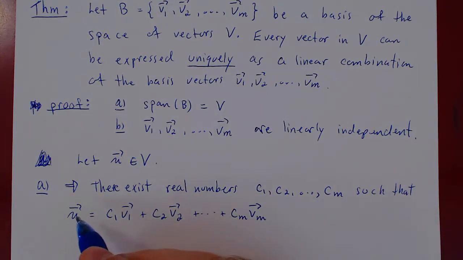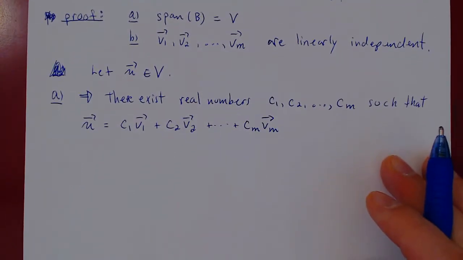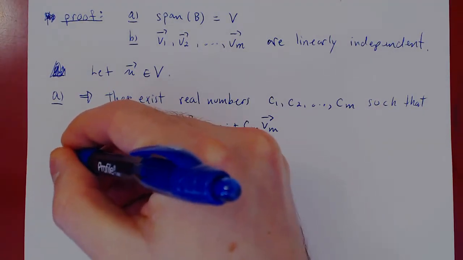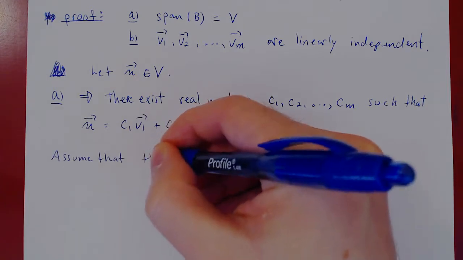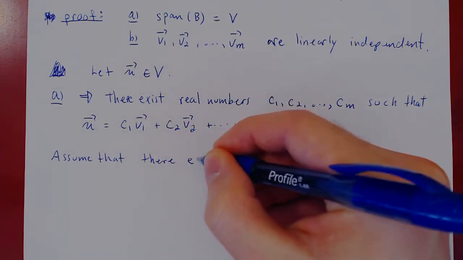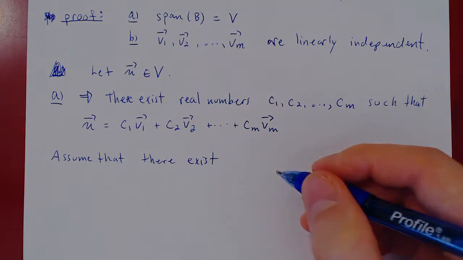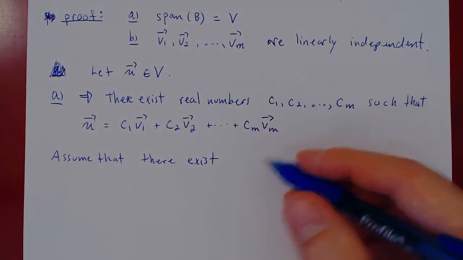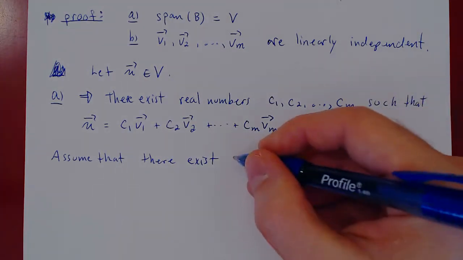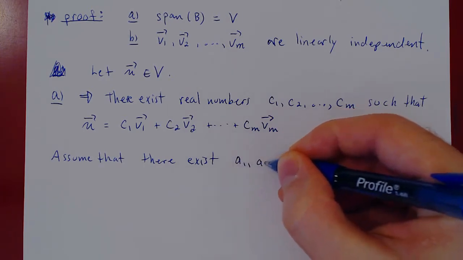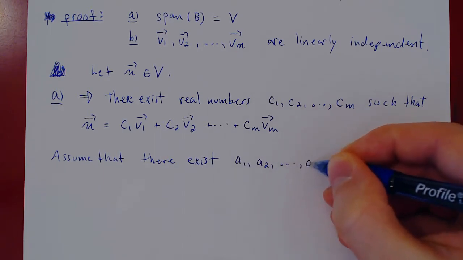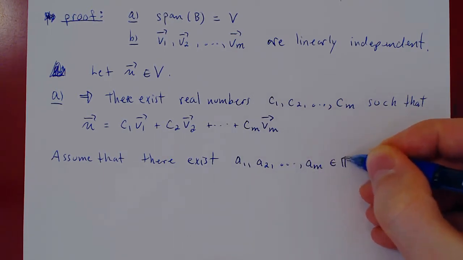So assume that we have now another linear combination of these m vectors giving the vector u. So assume now that there exists another linear combination, say another set of real numbers, call them a1, a2, up to am, and these are real numbers.